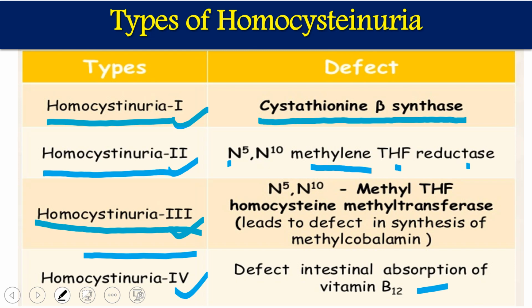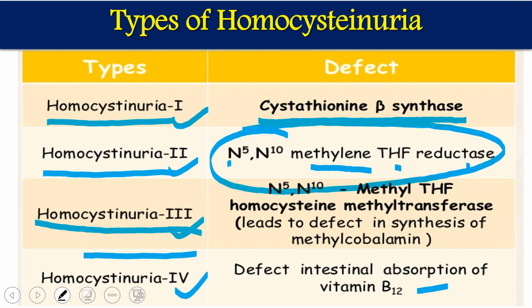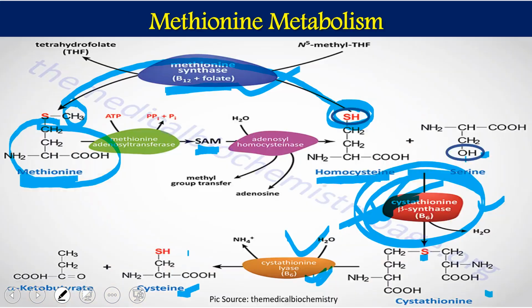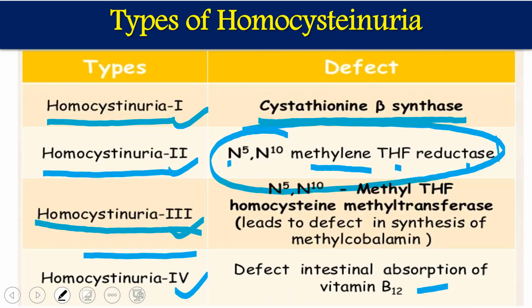Now imagine where this N5,N10 methylene tetrahydrofolate reductase or methyltransferase is going to be utilized. These two molecules are involved in this process here, N5 methyl tetrahydrofolate and tetrahydrofolate reductase. For the recycling of these molecules, we require these two components.